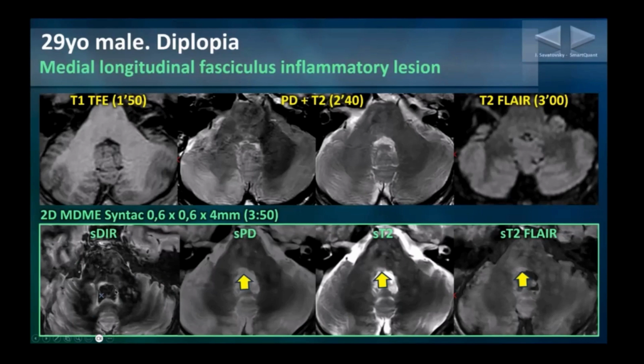We can demonstrate very well on all those synthetic weightings a medial longitudinal fasciculus inflammatory lesion. As the patient had no further lesion, we cannot yet diagnose multiple sclerosis, but it's a very typical location of an inflammatory lesion, and it explains the diplopia.